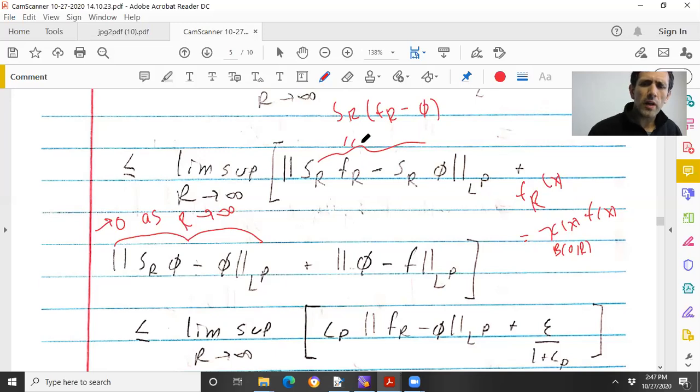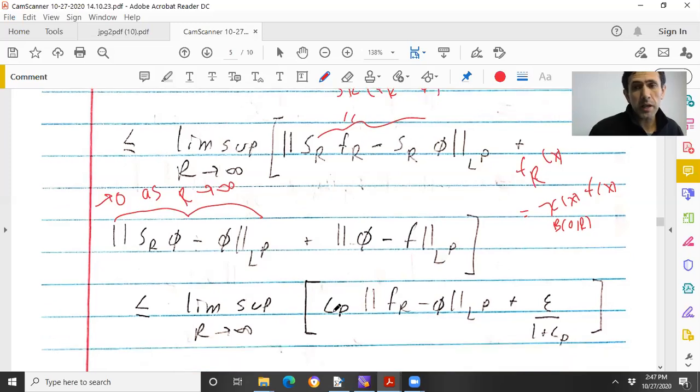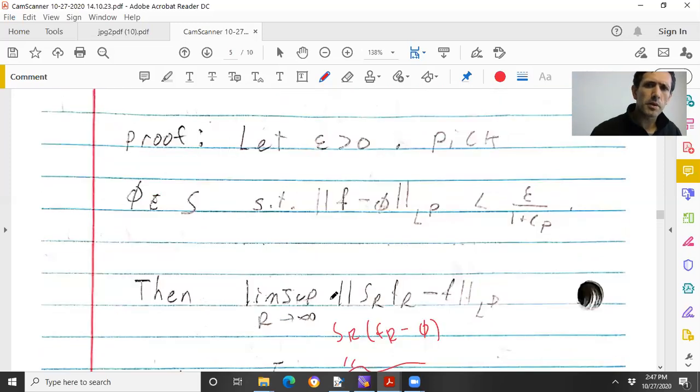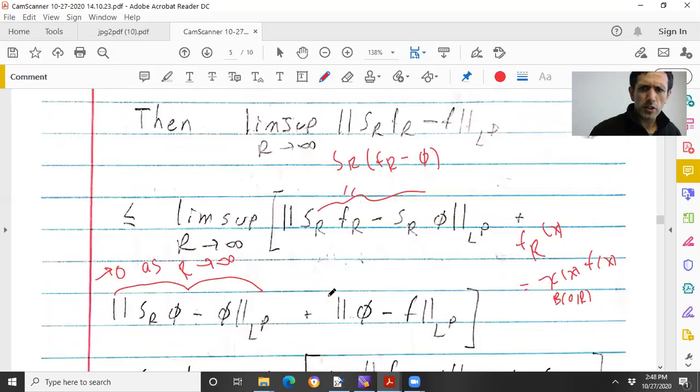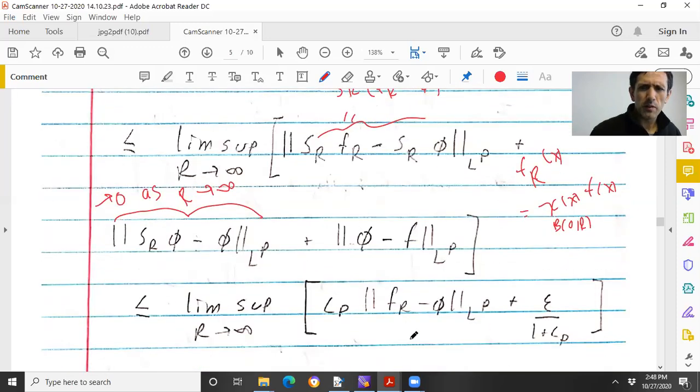And we know that in L^p norm, this is less than or equal to the L^p norm of f_R minus phi times this C_p here. That's what we just did up here. Okay, so this is just less than epsilon over 1 plus C_p.